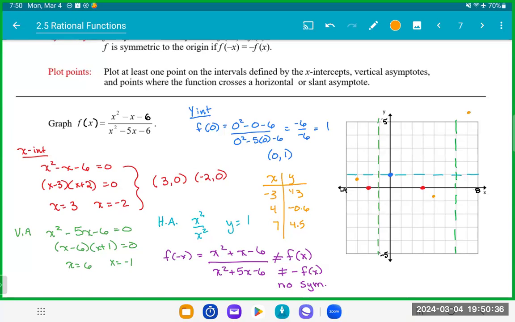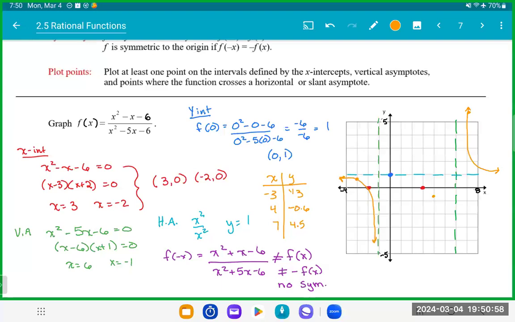And so these graphs we can see would behave something like this because it follows along those asymptotes, right? This one is way up here. It's going to come down like this, okay?